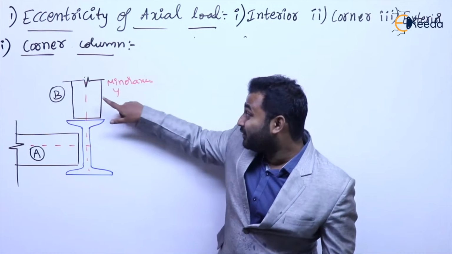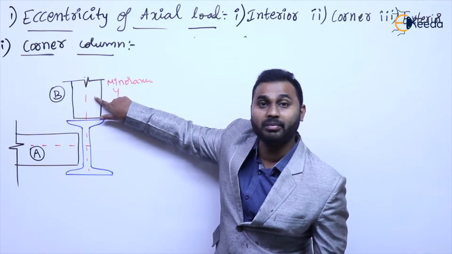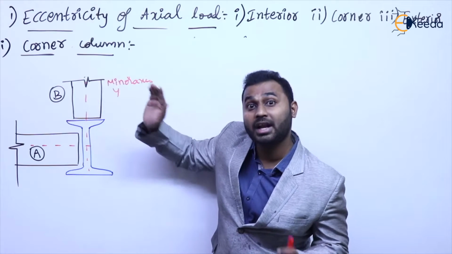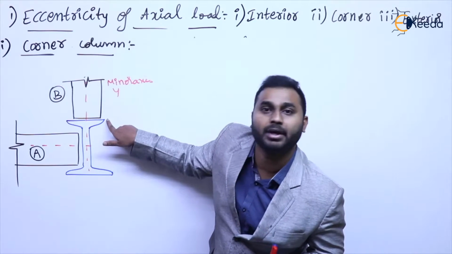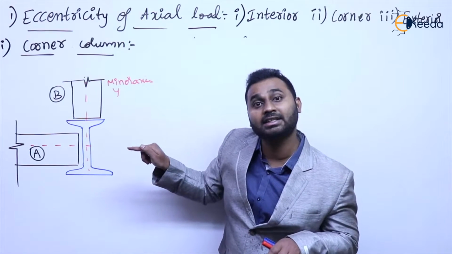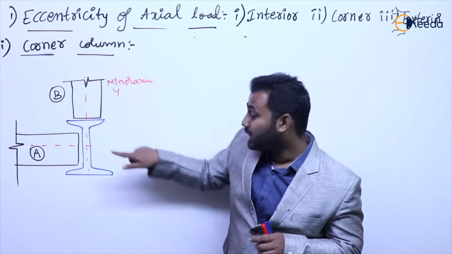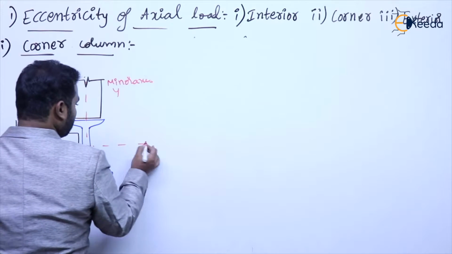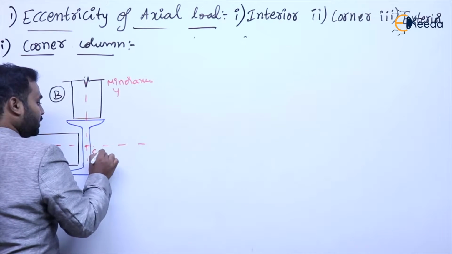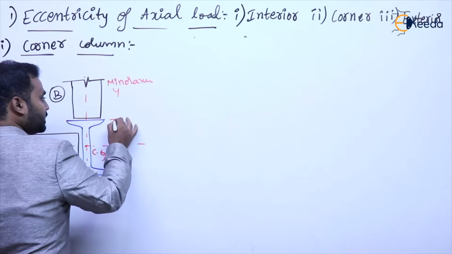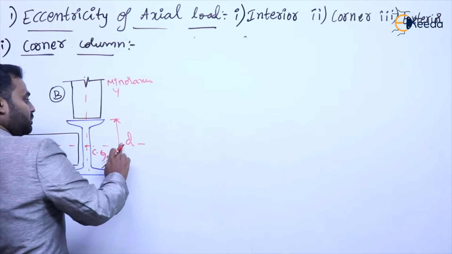Now if you take beam B, this beam B will transfer the reaction at the face of the column here. Now that reaction will act at an eccentricity of d by 2 from the CG. It means here the CG is going to act, the CG of the column section, and this is the overall depth. Let us take it as D, capital D, or simply small d.